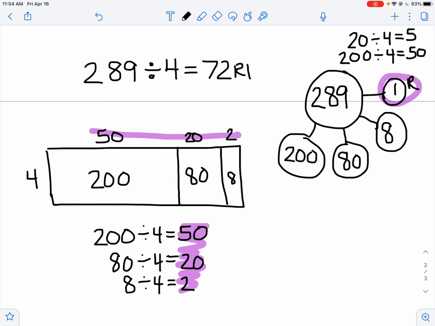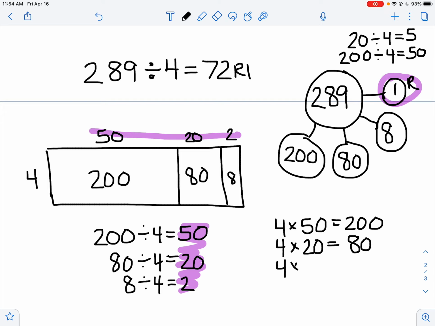Now, one last thing I want to model for you is a lot of you are using your multiplication to think about this, and that's so great. But you're also getting stuck on where to find your quotient. So I'm going to reverse this for a minute. If you said in your head, hey, I know 4 times 50 gives me my 200, and I know that 4 times 20 gives me my 80 to get me to 280, and then I know 4 times 2 equals 8.